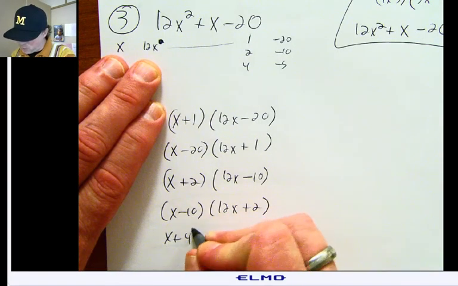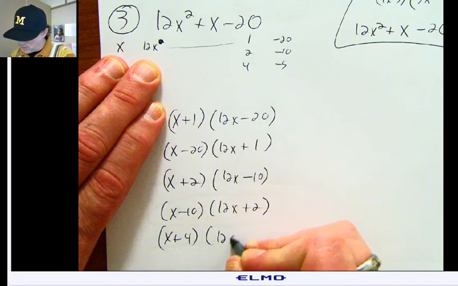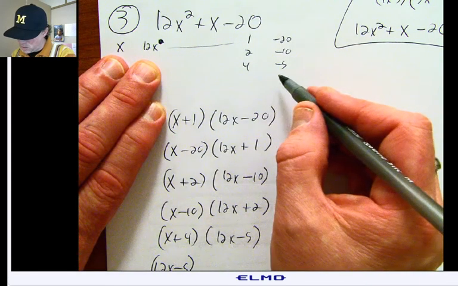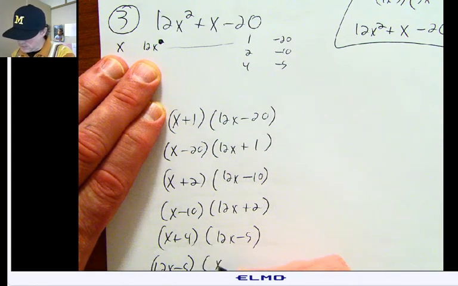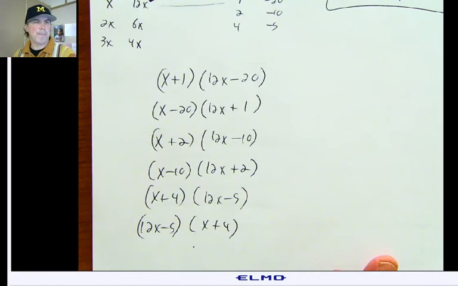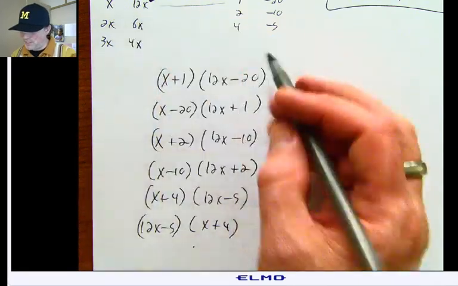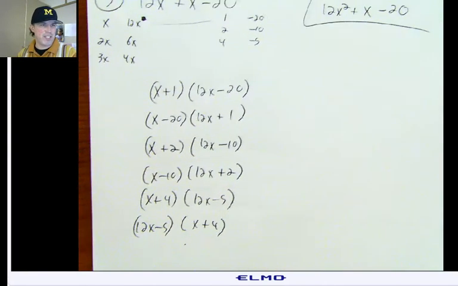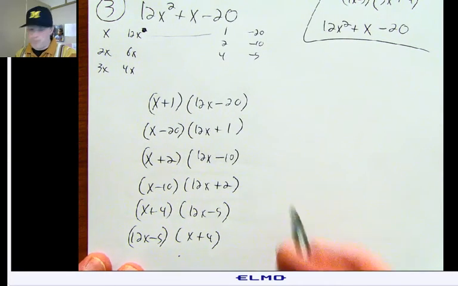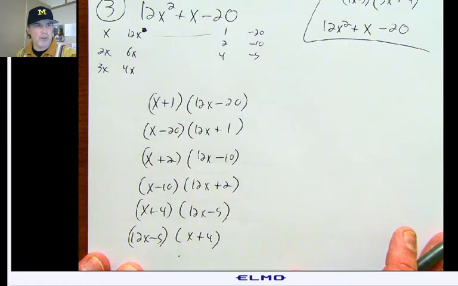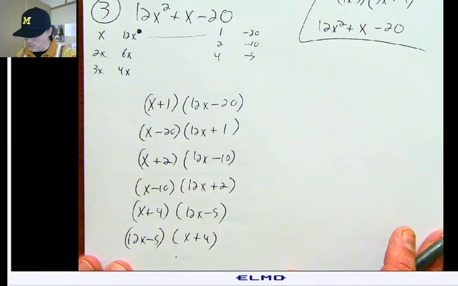X plus 4, 12x minus 5, or 12x minus 5 and x plus 4. Well, these are all the ways that I could match up the x and the 12x. Now, I'm going to start taking shortcuts here, because as you can see, so far I've written up a list of 6, and this is only 1/3 of all the different possible options.